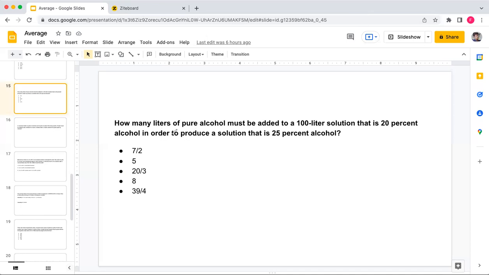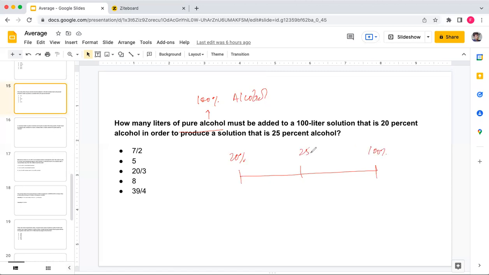First of all, how many liters of pure alcohol? Remember, when you see the word pure, this means you have a solution with 100% alcohol. There is no other ingredient in this solution, right? It is added to the 100-liter solution that is 20% alcohol in order to produce 25% alcohol. So we have 20% alcohol in one solution, and 100% alcohol in the other.